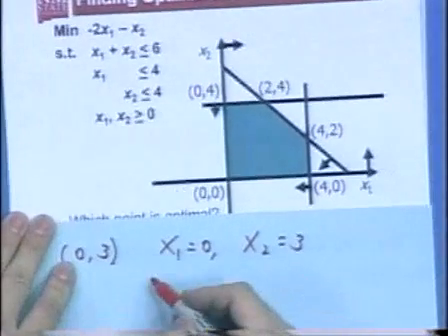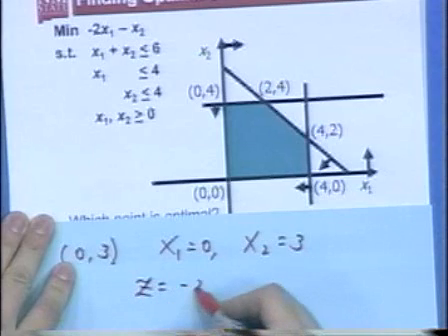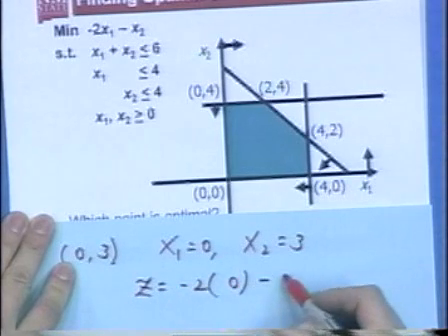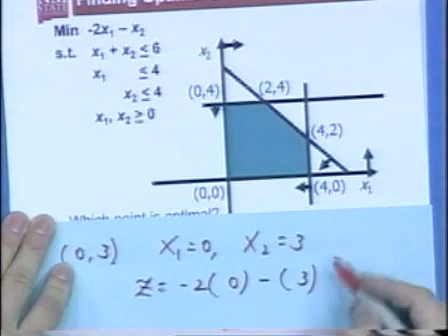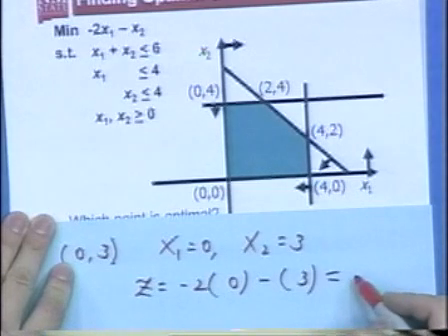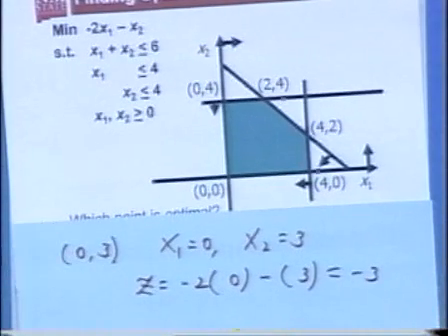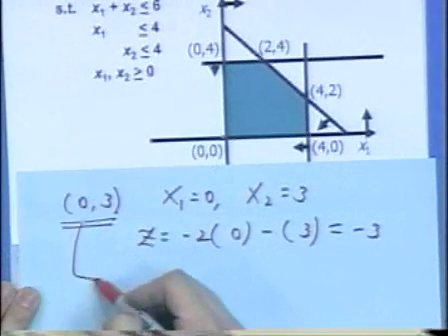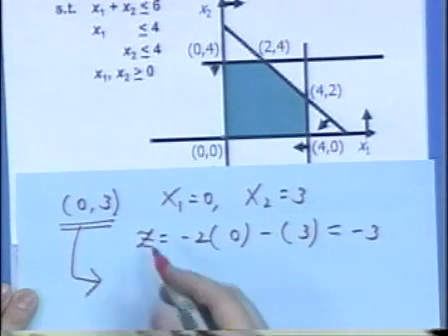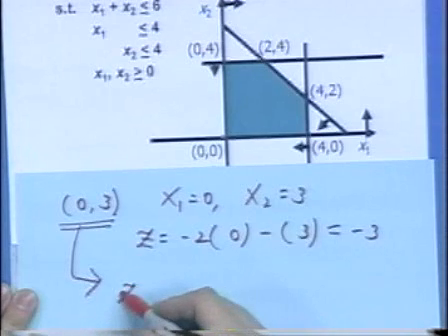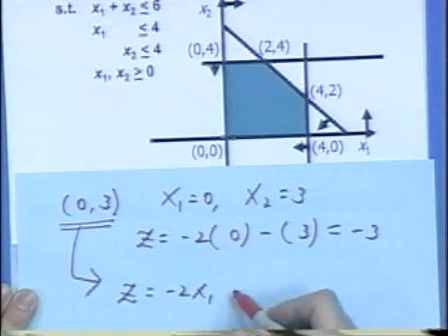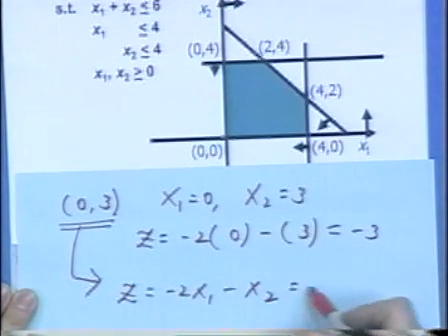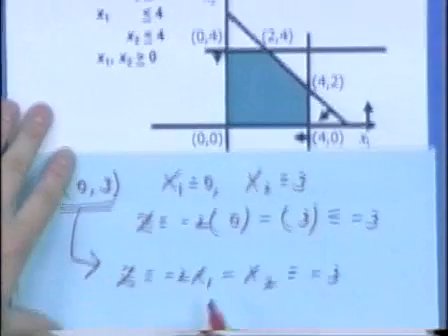We have g values negative 2 times 0 minus 3, which is negative 3, right? Which means this point (0, 3) lies on the isovalue line, which is g equals negative 2x1 minus x2 equals negative 3.